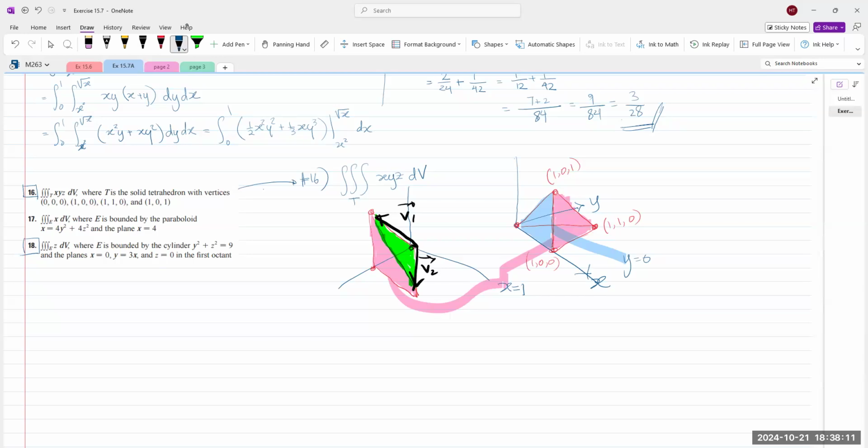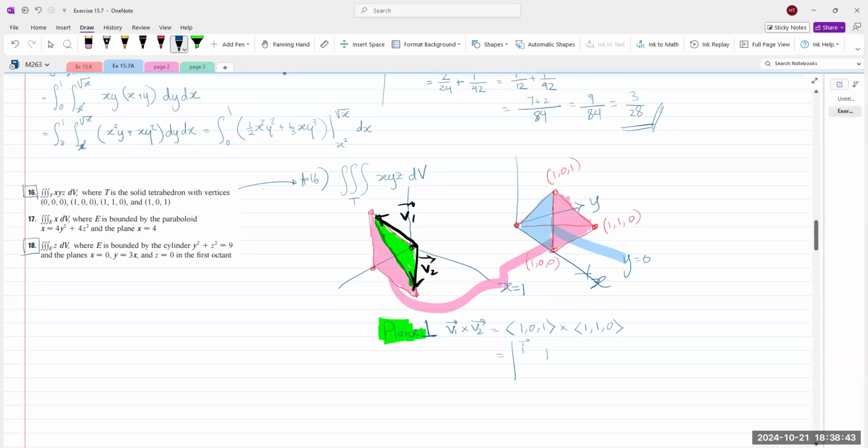So that plane, the green plane, is perpendicular to the cross product of phi1 by phi2. Our phi1 is (1, 0, 1) and our phi2 is (1, 1, 0).